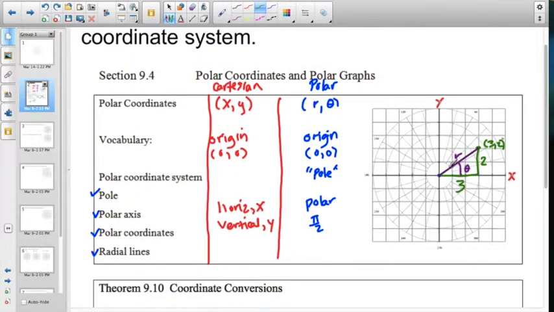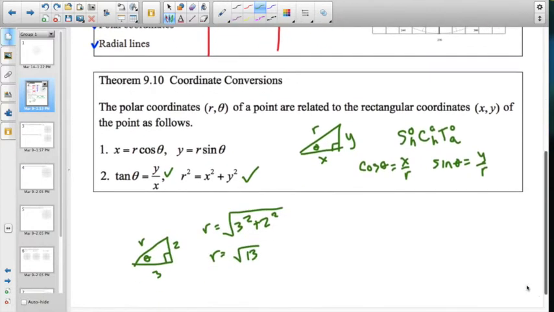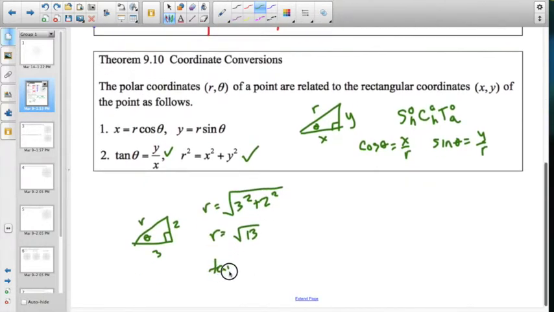If you notice, we're 1, 2, 3, 4 radial lines, so we're somewhere between 3 and 4. And then our theta, so tangent of theta is opposite over adjacent. So we can get that angle if we do an inverse tangent on that.